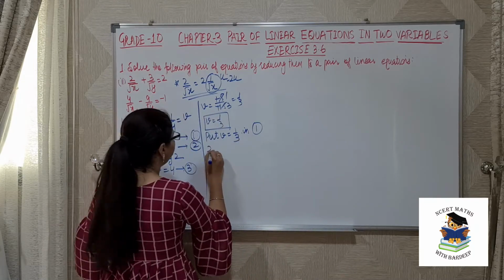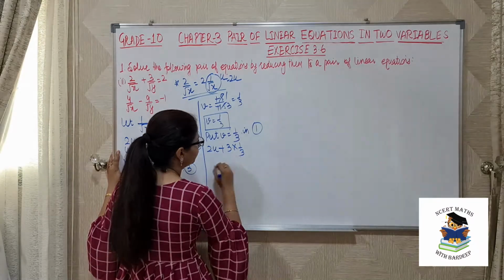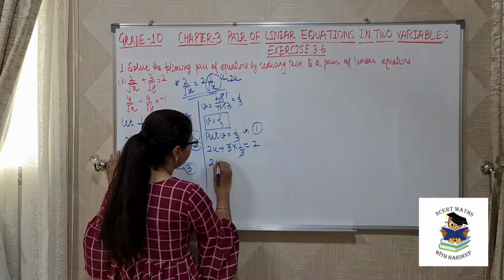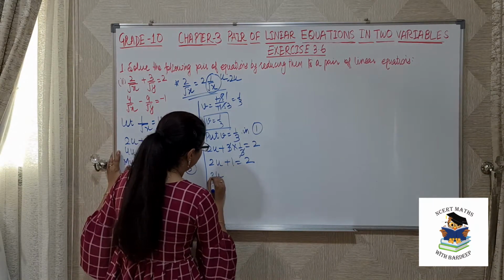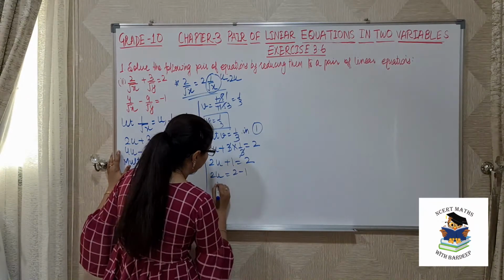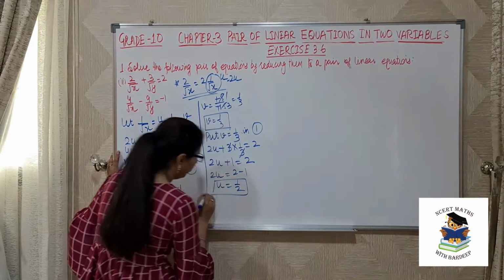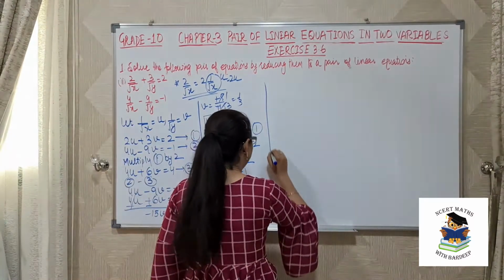So now 2 into u plus 3 times v, and what is v? This is 1 by 3, equals 2. So this will be cancelled. 2u plus 1 equals 2. And 2u is 2 minus 1. So what is u? This is 1 by 2. Okay. So now we have the values of u and v.